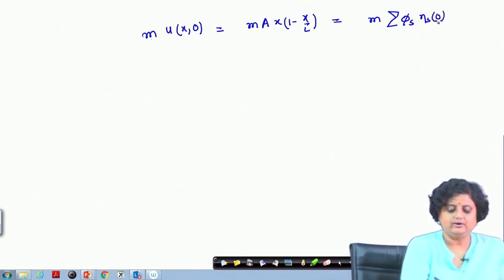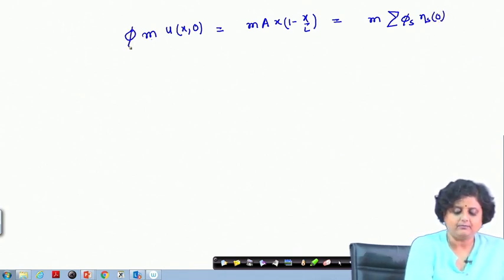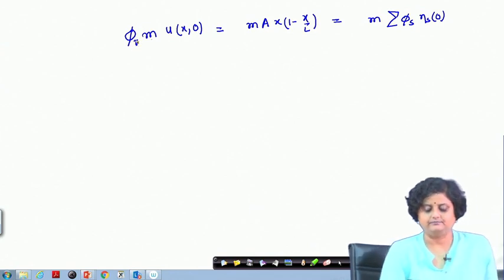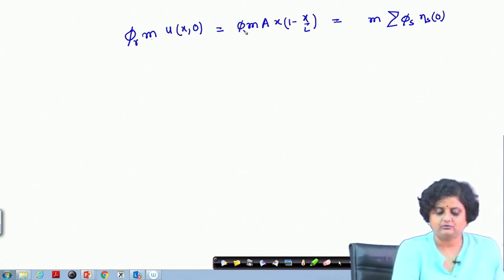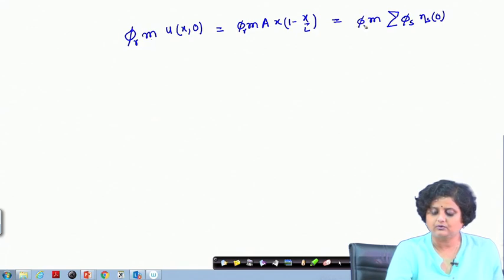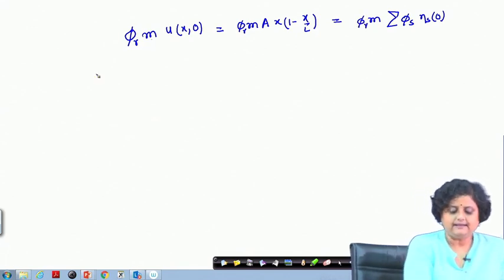Now, what I will do is that I will multiply both sides by phi r, and then I will integrate both sides with respect to x.